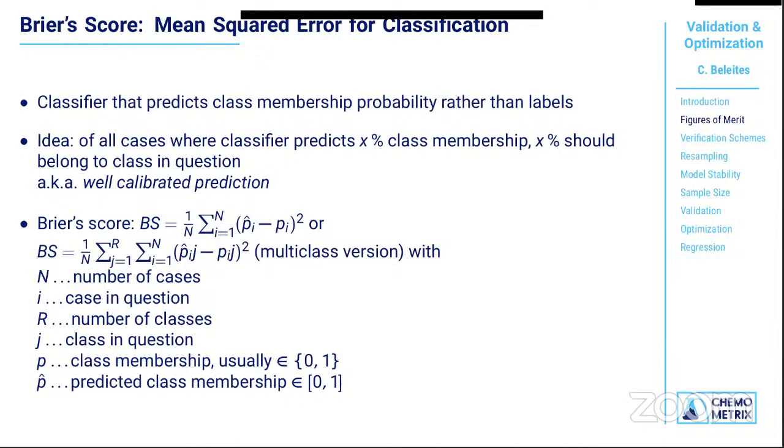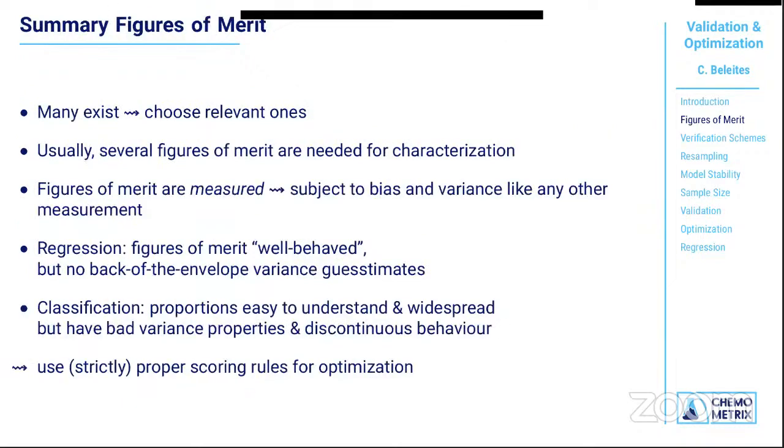We can then calculate something like the mean squared error and use this. And the Brier score is one of the strictly proper scoring rules. So this is one possibility how you can get your optimization to work better, possibly.